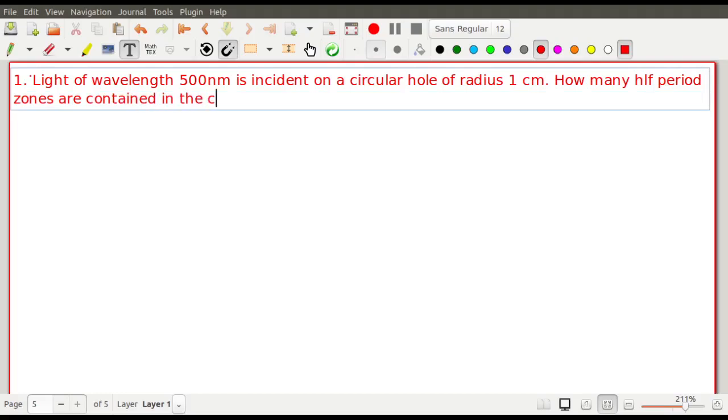How many half period zones are contained in the circle if the screen is placed at a distance of 1 meter from the wavefront?